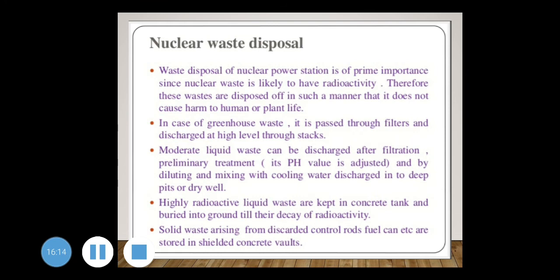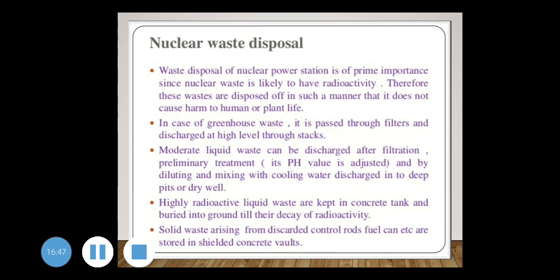Liquid nuclear waste can be disposed of by making it highly dilute. High radioactive liquid waste is kept in a concrete tank and buried into the ground till the radioactivity decays.